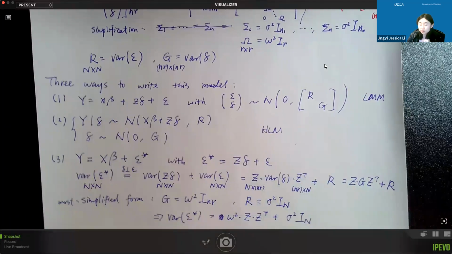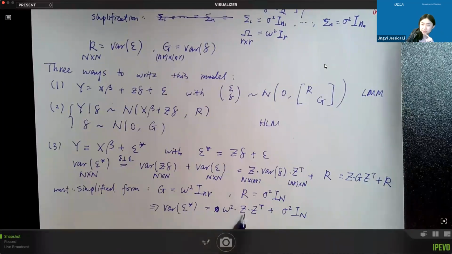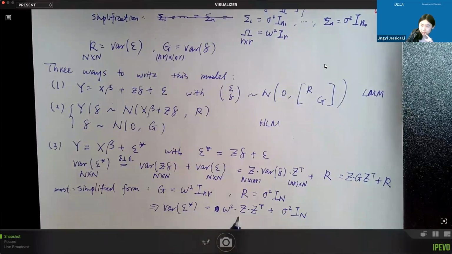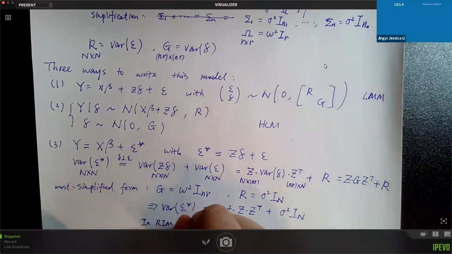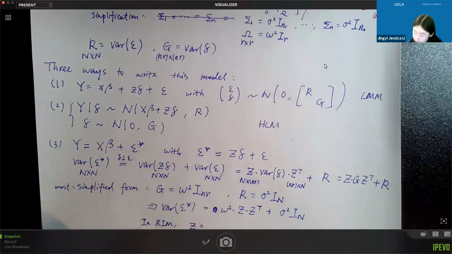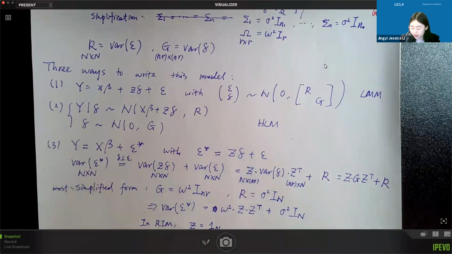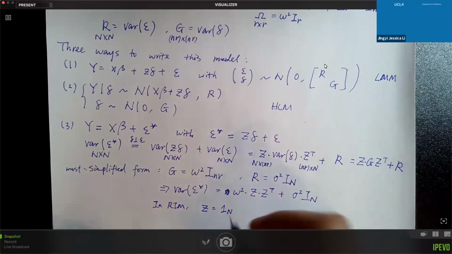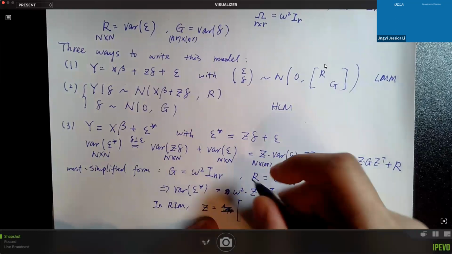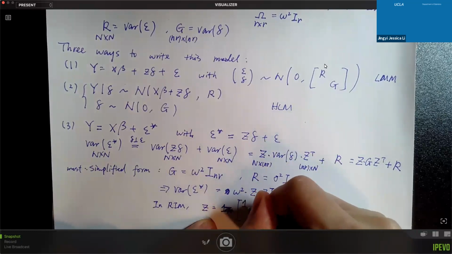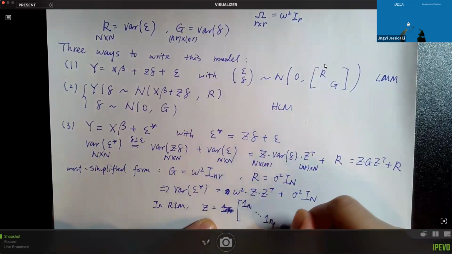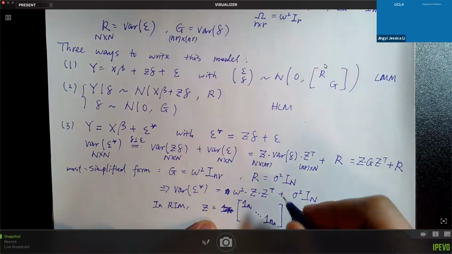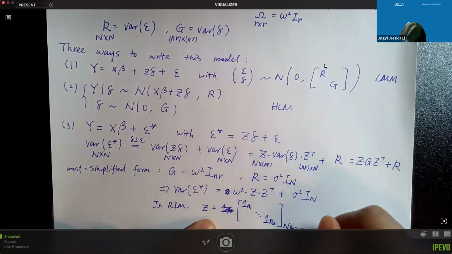So therefore, in the random intercept model, what is Z? In the RIM, Z is just a vector of ones for each group. Oh, actually, my bad. No, it's not this. It's this one, with N1 ones in the first column, N2 ones in the next, and so on. So it's actually a capital N by NR dimension matrix.